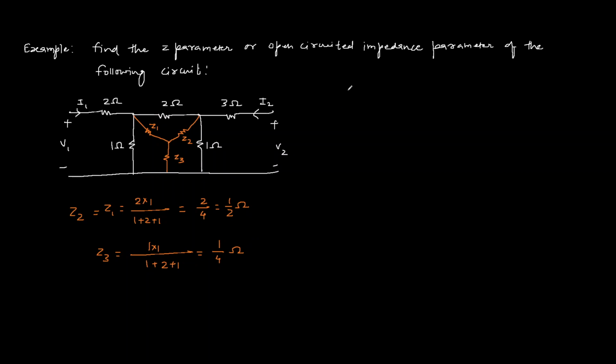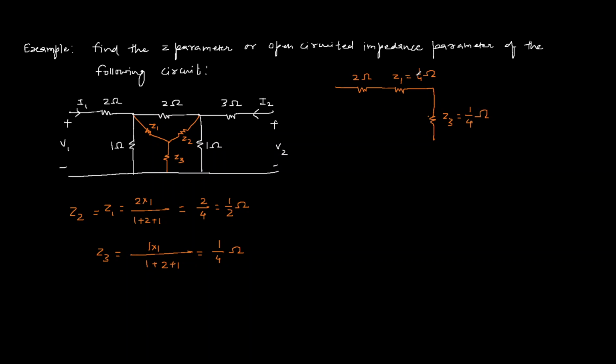Okay, so now let's redraw this circuit. 2 ohm resistance, then Z1, and Z3. Z3 is 1/4 ohm.